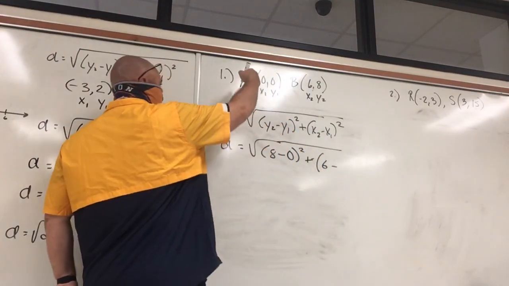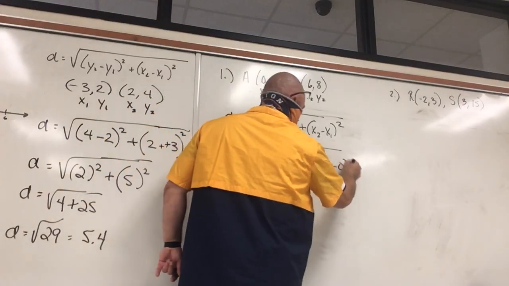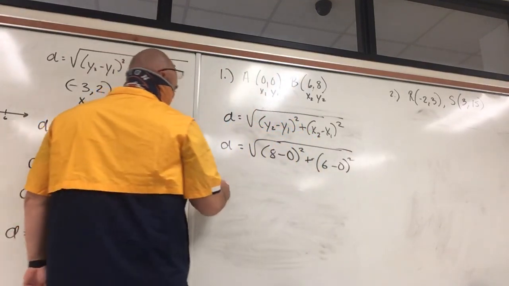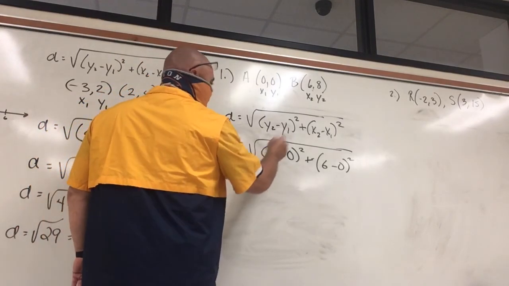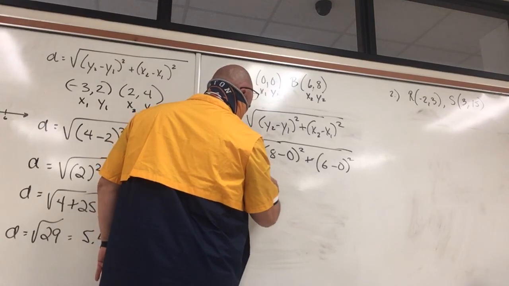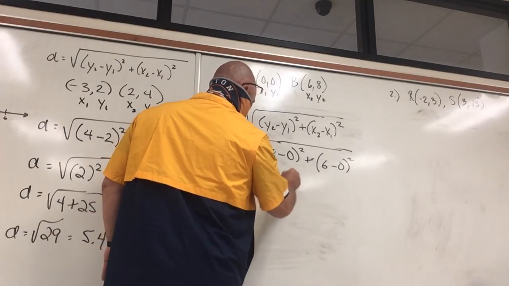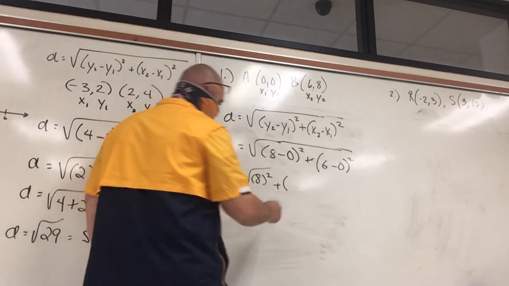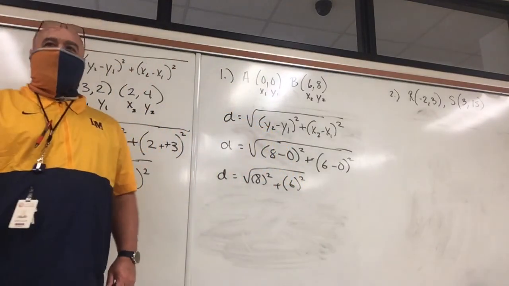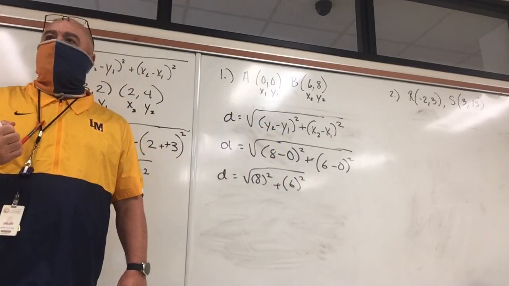What's X1? 0. Here we go. Mathematics time. D equals, what's 8 minus 0? 8, squared, plus 6 minus 0? 6, squared.